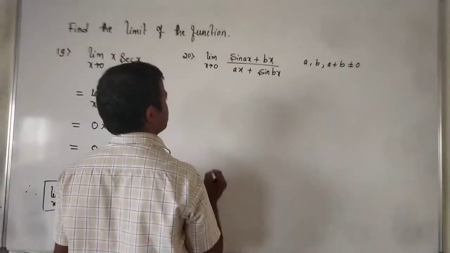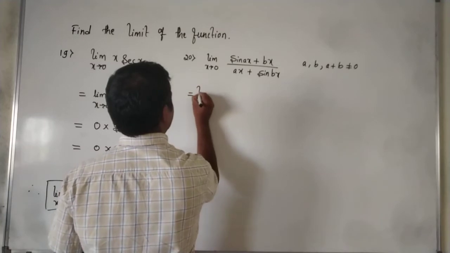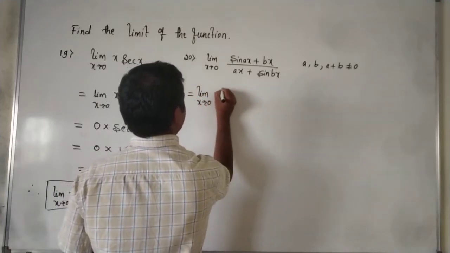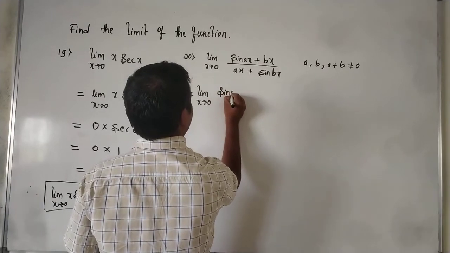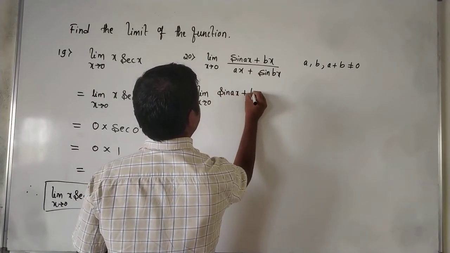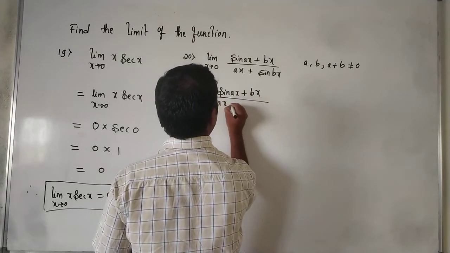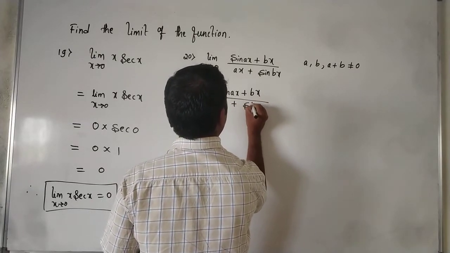Then what we have to do is, the limit as x tends to 0 of sin ax plus bx divided by ax plus sin bx.